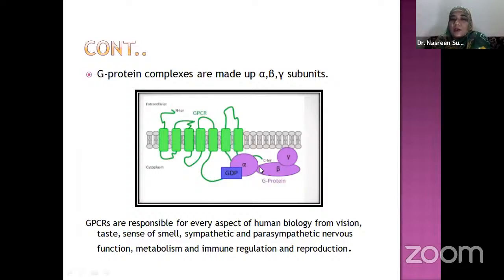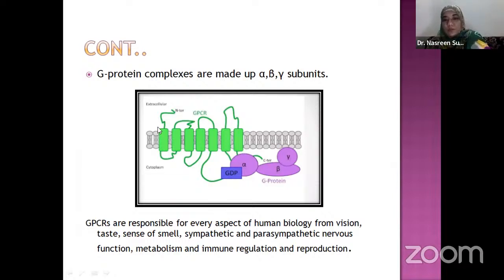The C terminal will be attached to the G protein. G protein consists of alpha, beta and gamma subunits. This is the receptor, and this is the G protein. Together it is called a G protein coupled receptor: a receptor which is coupled with G protein, made up of alpha, beta and gamma subunits.